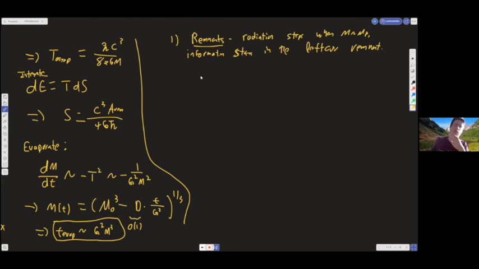And one reason why we don't like them is because if remnants are true, then this implies that S is not equal to A over 4G, right? Because if there are remnants, then I can have some big black hole where I think the entropy is A over 4G, but then I can just throw a remnant into it. And that remnant can store as much information as you want.